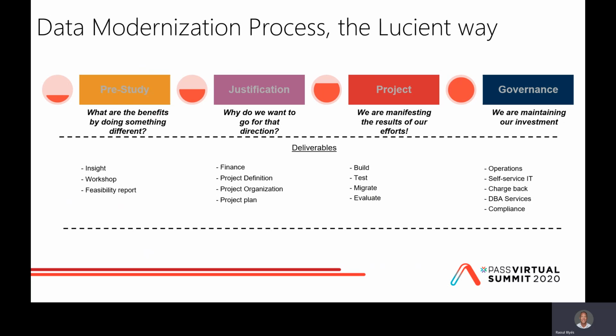Having a well-defined process and following that process from A to B makes sure that not only are you basing your projects on fact, but also that you can show after the project is done that you have delivered on the promises that you made to the organization, and that you have a strong governance model afterwards.